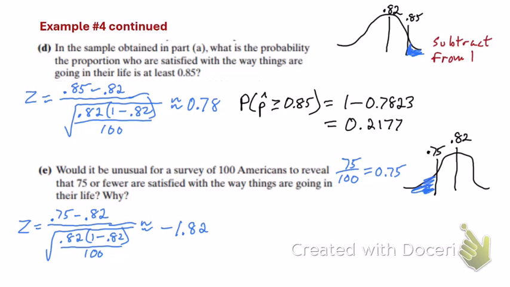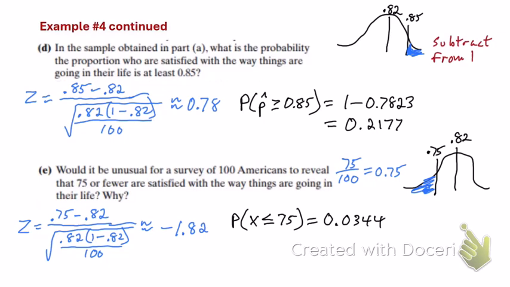No, because we're almost 2 standard deviations from the mean. So here's the probability. So less than 4% of the time would I expect to get a sample where 75 or fewer had this characteristic of believing that their life is okay.